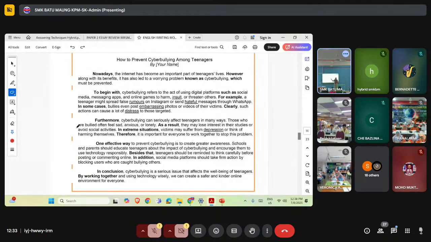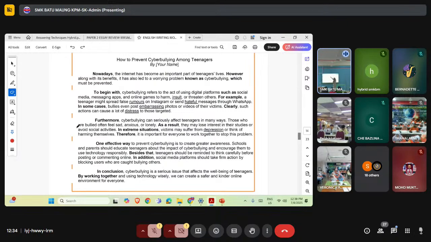In these days, pada hari ini. Okay, so you have this, an introduction about cyberbullying among teenagers. The writer writes about the internet and its benefits.